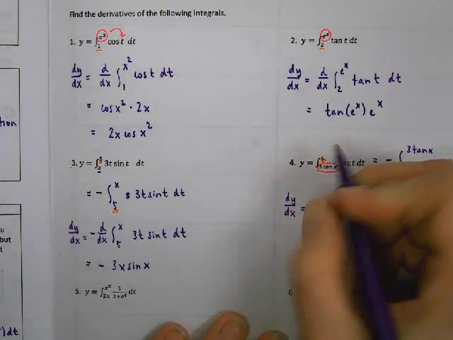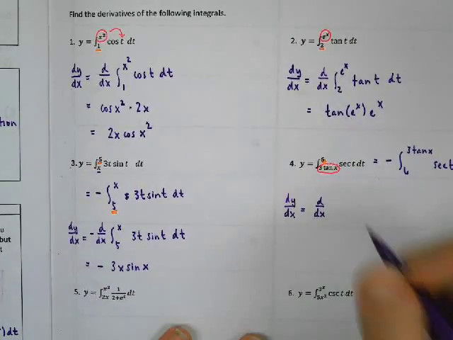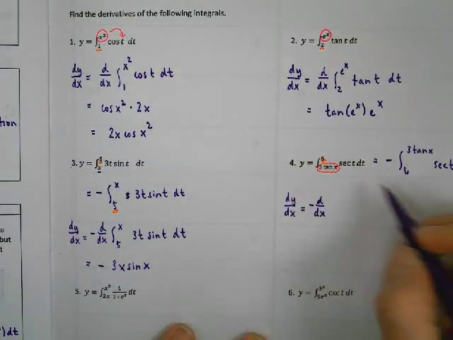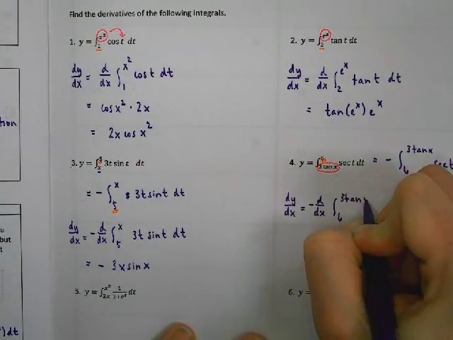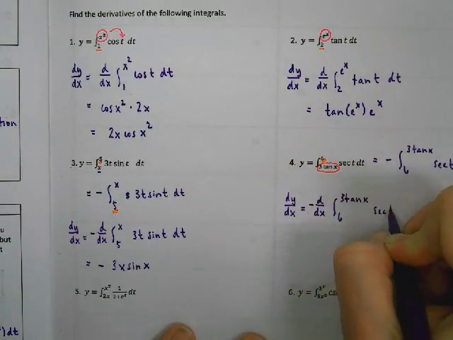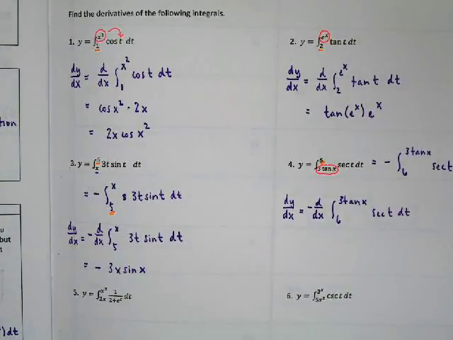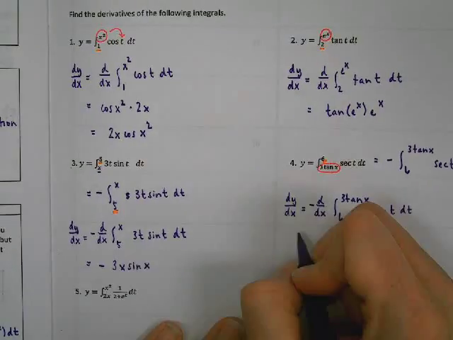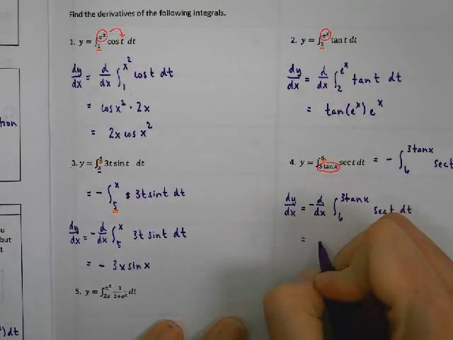So now I'm going to differentiate. Again, please be careful with this notation in your notes so you get in the habit of having this nice notation. I've got my negative, and I'm integrating from 6 to 3 tangent of x of secant t dt. So now, let's see, I'm going to replace t with my 3 tangent of x.